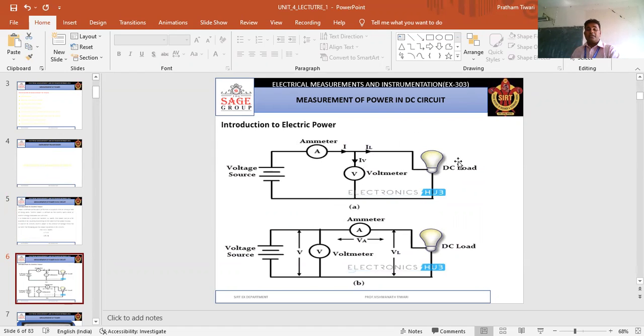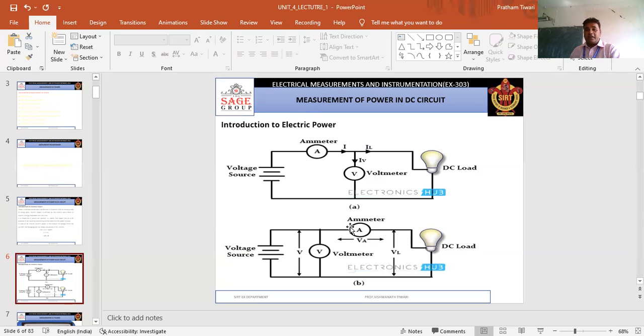This is the load, a DC load, maybe a DC bulb. Another arrangement of power measurement in a DC circuit: first we connect the voltmeter in parallel and the ammeter in series with the circuit, and this is the DC load. With these types of arrangements we can measure the power in DC circuits.